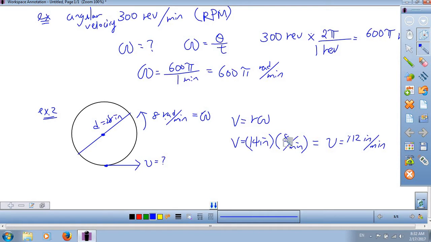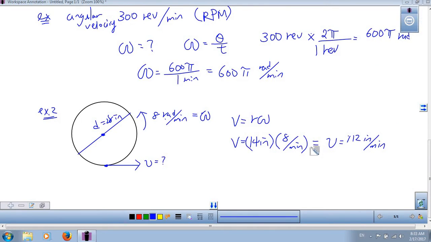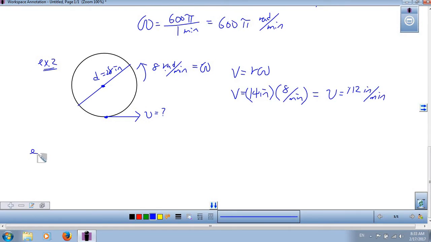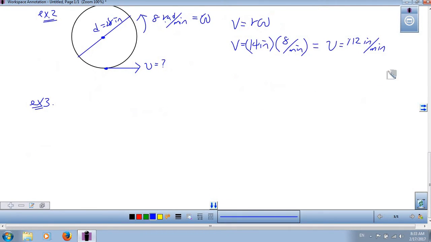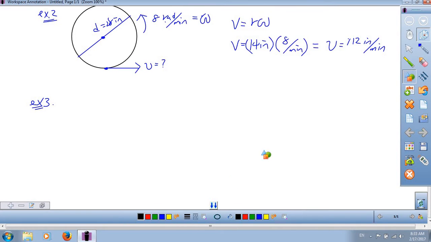Actually, it's radians per minute, but the radian doesn't really have a unit. So when we multiply 8 times 14 inches, it gives us 112 inches instead of 112 inches times radian. Radian is a unitless measure. So that's how we connect linear velocity and angular velocity. Alright, now let's try something more challenging here.